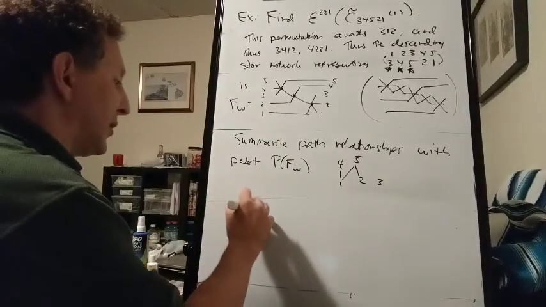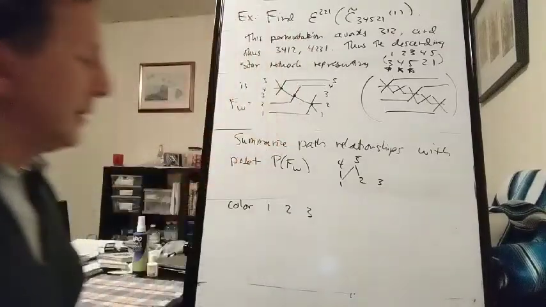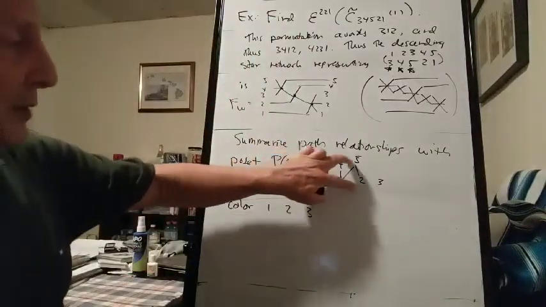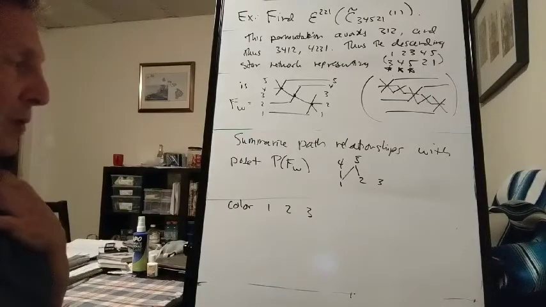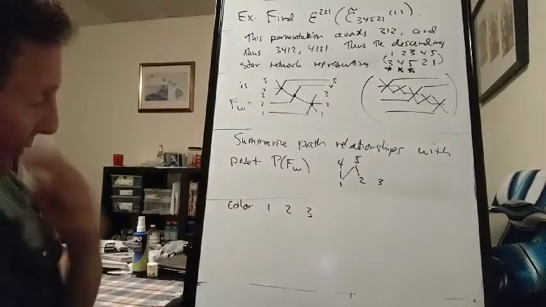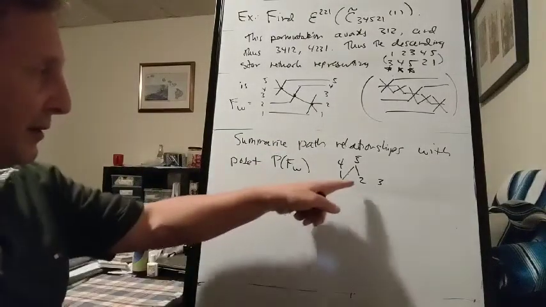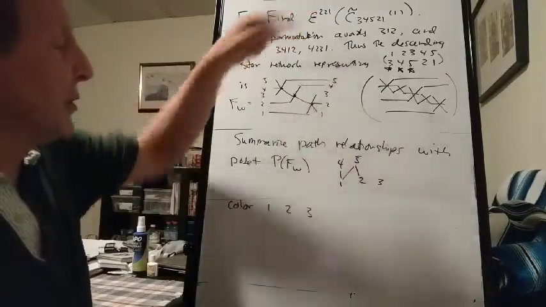So let's see, we have color 1, 2, 3, so we could choose either one of these 2-element chains in the poset to be a path family of 2 paths of color 1. I guess 1, 5 couldn't really be the pair of color 1, because then 2 and 4 we couldn't color.